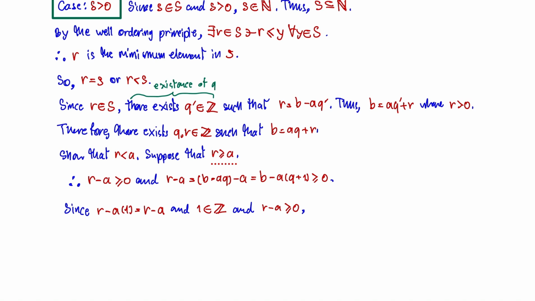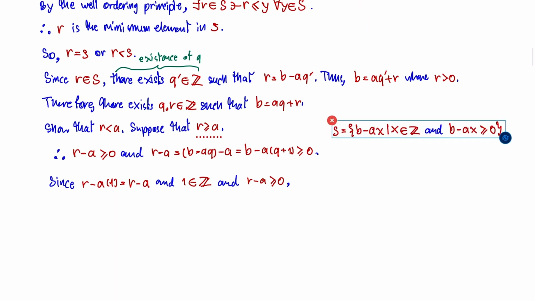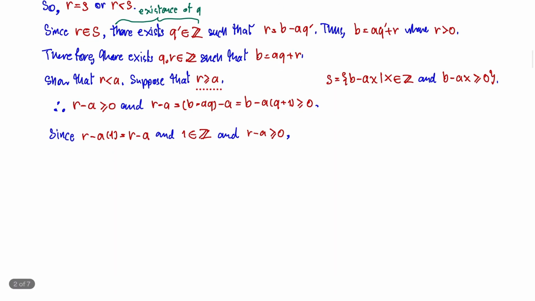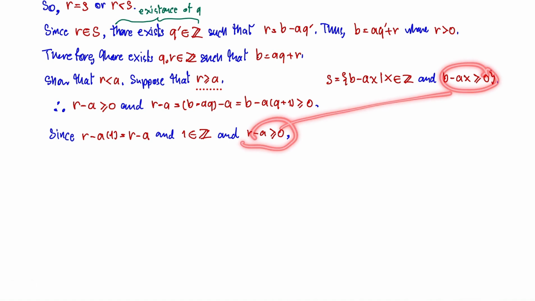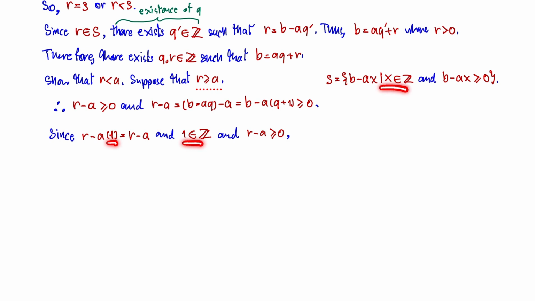Go back to set S here. This one is greater than 0, and R minus A times 1 is in this form, where 1 right here is an integer. So this means that R minus A is in this set.